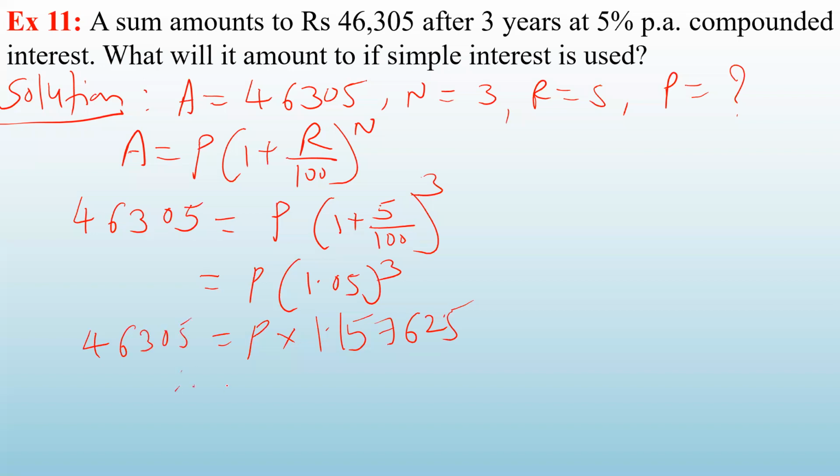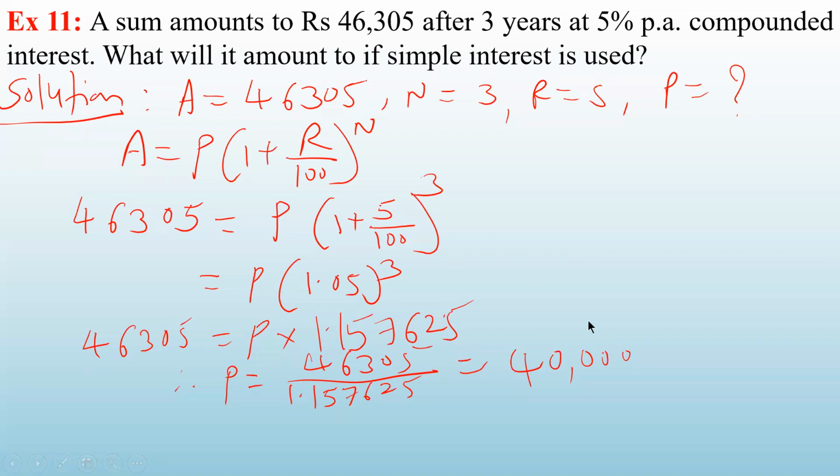So from here, you can find out the value of P as 46,305 divided by 1.157625. That gives you 40,000. That means the principal is 40,000. We got the value of principal as 40,000.